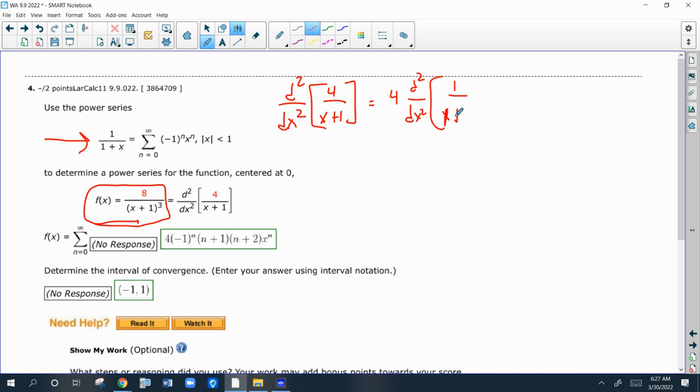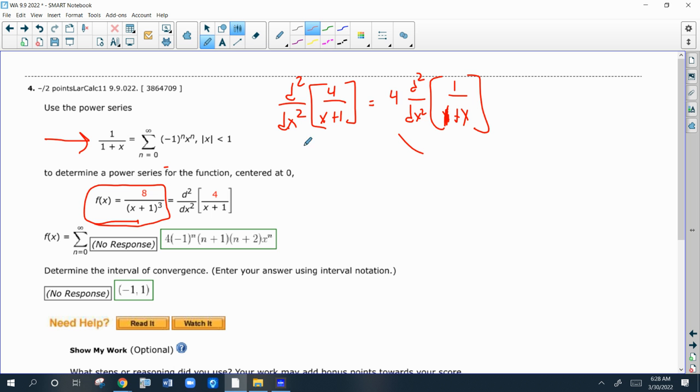So, remember, you can take derivatives and integrals of power series basically normally. So if we can take the second derivative of the power series of this, which is given, we'll have it.